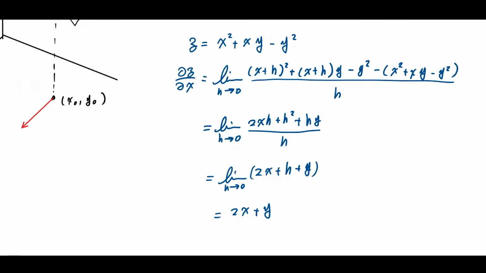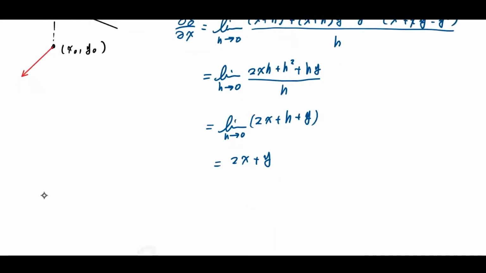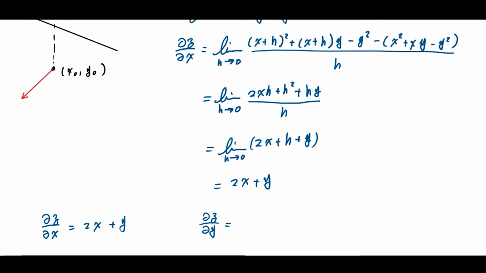So, okay, let's review and write it down here. Partial z partial x, of course, is equal to 2x plus y. Then guess what this is? Partial z partial y. Now we have enough confidence, right?